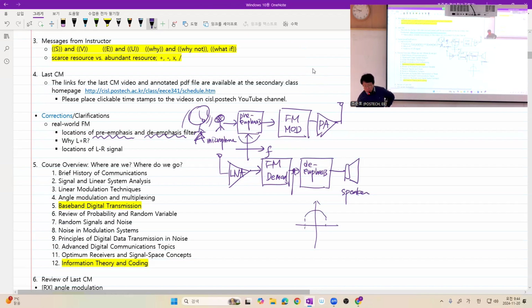And the reason is that we assume our received signal has what? Interference. And this interference is not exactly aligned with our desired signal. So suppose this is our carrier frequency.